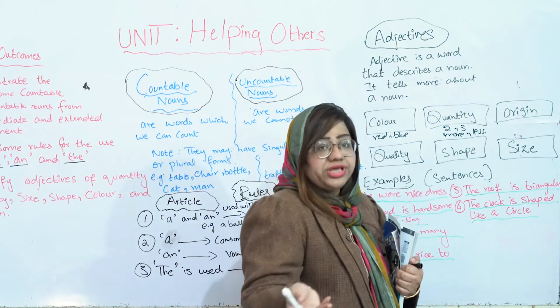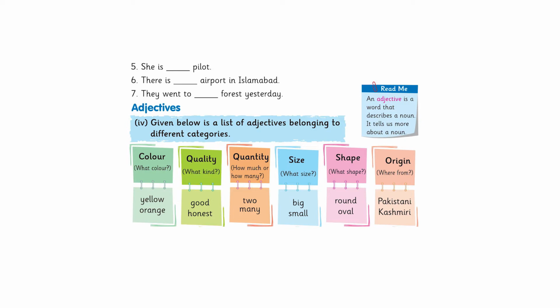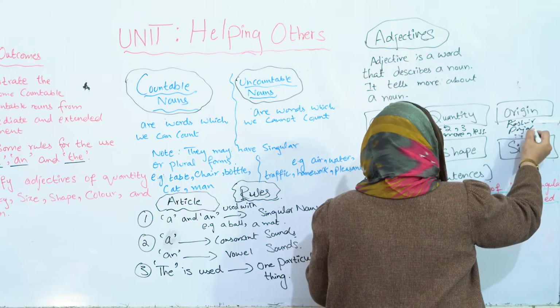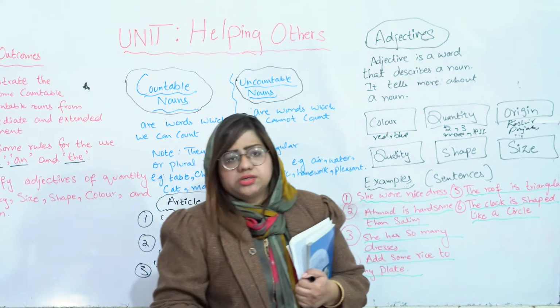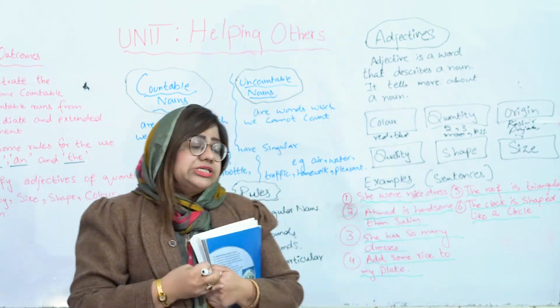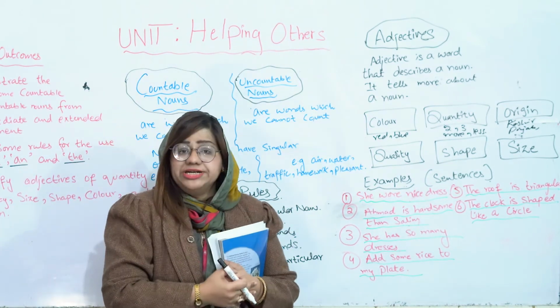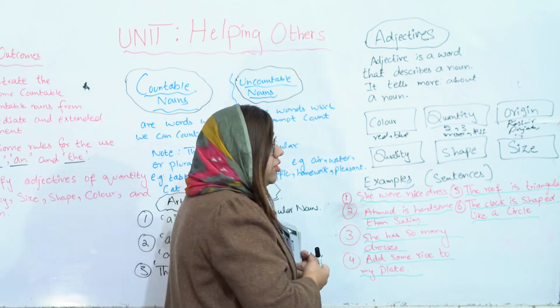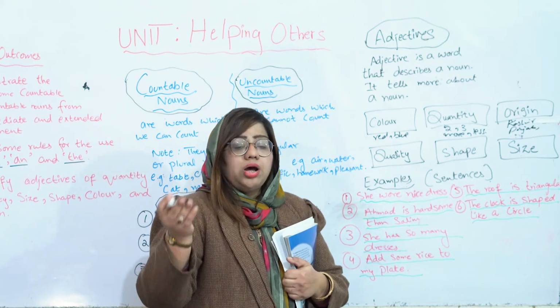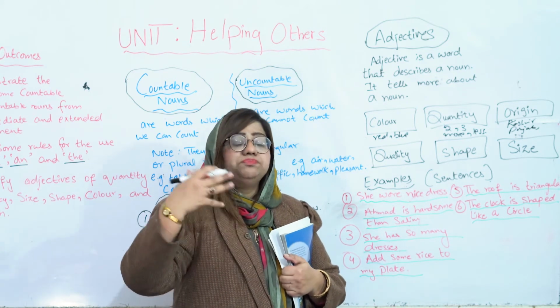If we are talking about origin, we need to discuss, for example, a country or place, like Kashmir, Punjab, Faisalabad. There are so many cities you can mention. When we are talking about quality, you are expressing poor, rich, beautiful.